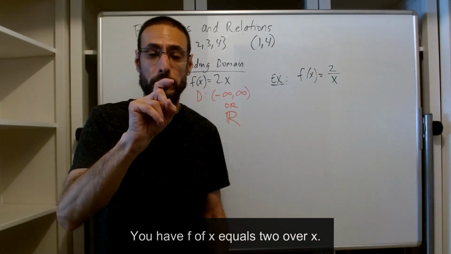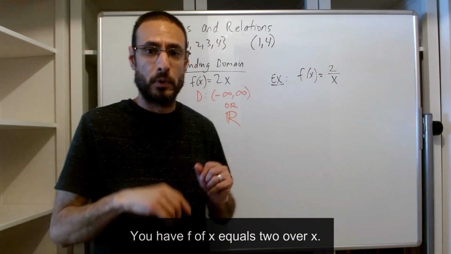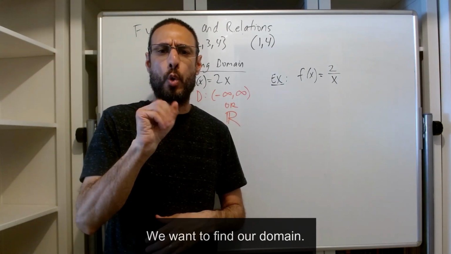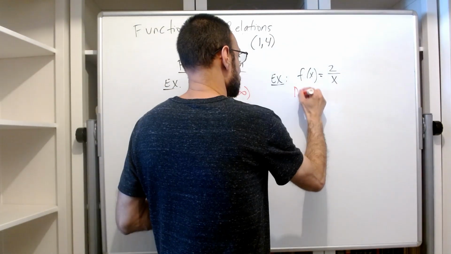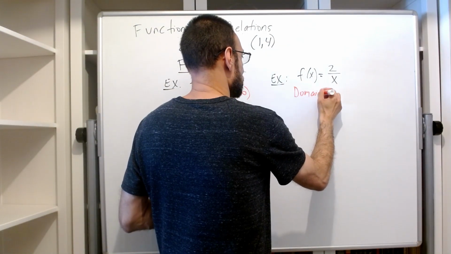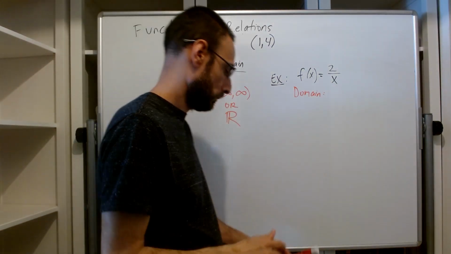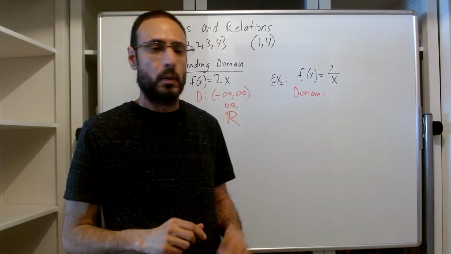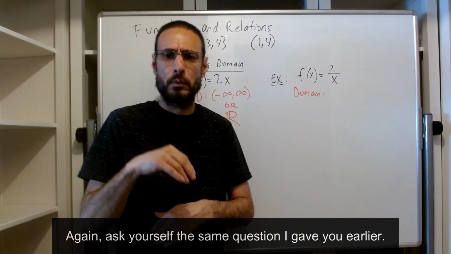You have f of x equals 2 over x. We want to find our domain. Again, ask yourself the same question I gave you earlier.